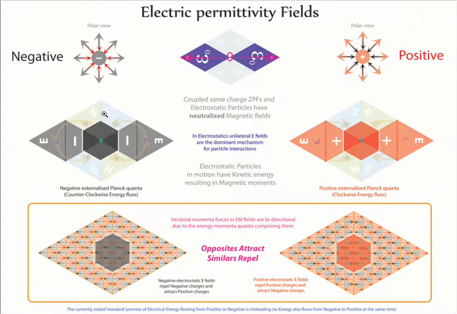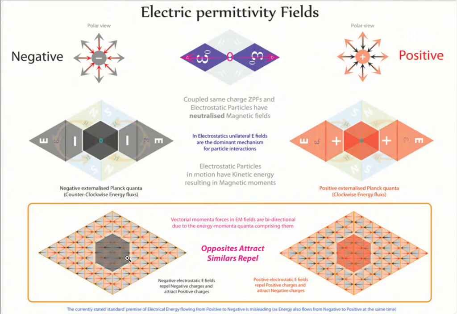But if you look closely at the positive and negative fields in terms of their constituent quanta and charge, you'll see that negative fields have divergent negative quanta with convergent positive energy momenta, and positive fields have divergent positive energy momenta and convergent negative energy momenta.